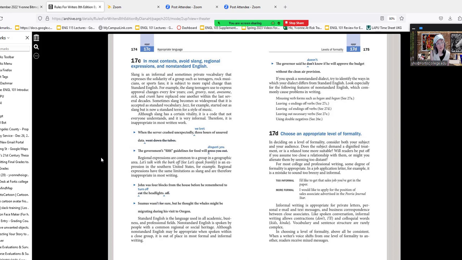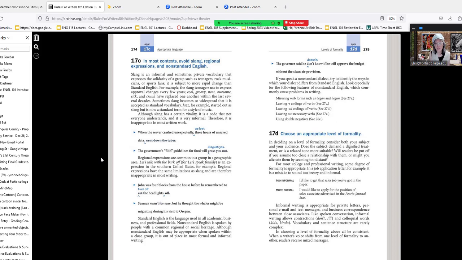If you speak a non-standard dialect, try to identify the ways in which your dialect differs from standard English. Look especially for the following features of non-standard English, which commonly cause problems, not just in speaking, but in writing.